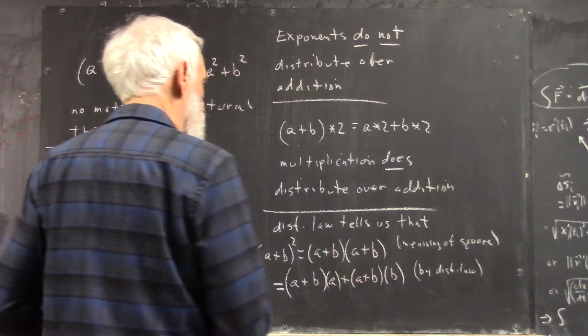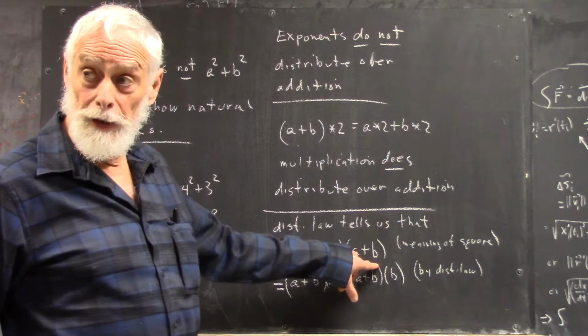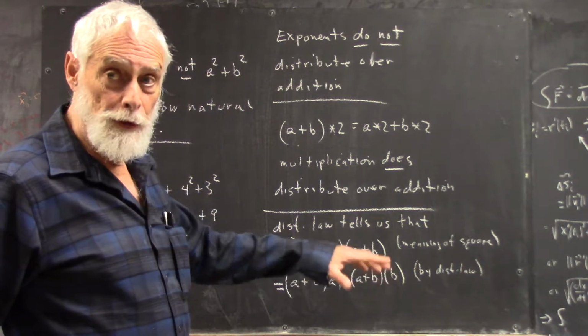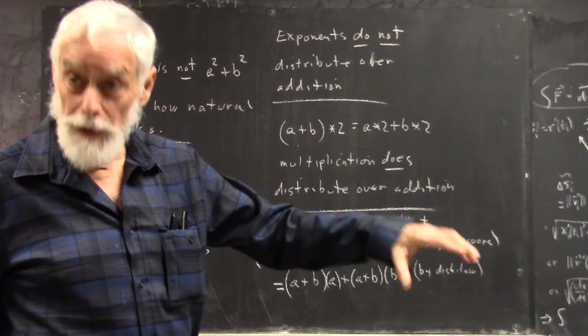So the meaning of the square tells you that (a plus b) squared is this, right? Then the distributive law tells you this. That's really the distributive law of multiplication over addition.